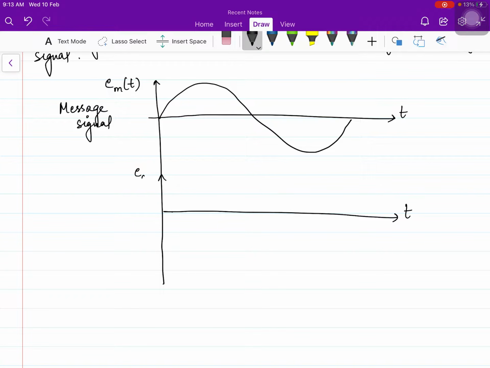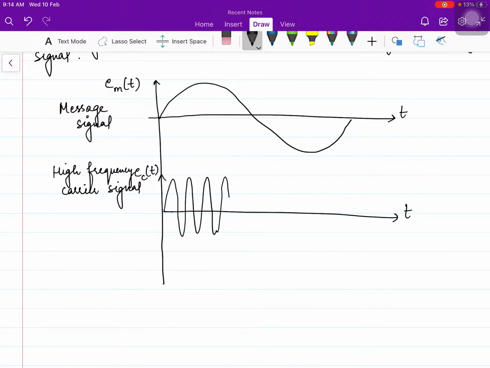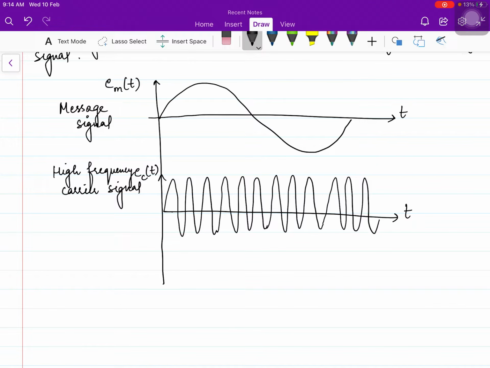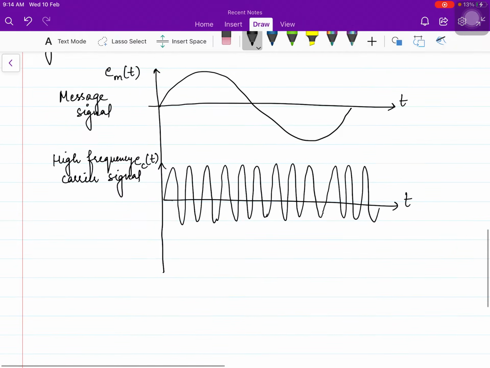It is a high frequency signal, so we'll show the frequencies like this. So this is the high frequency carrier signal.